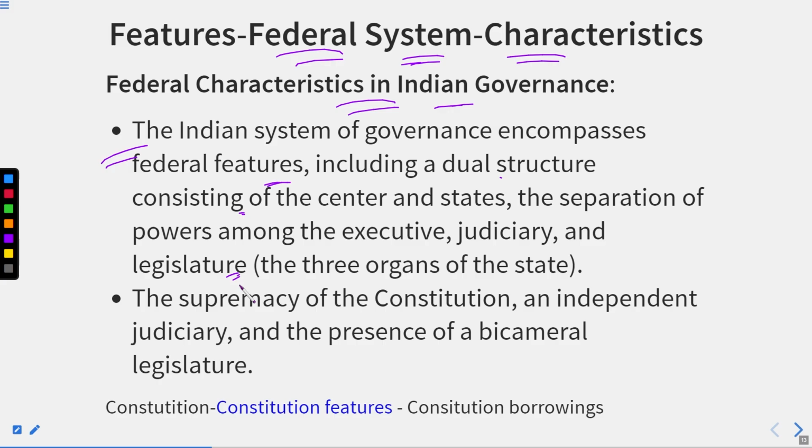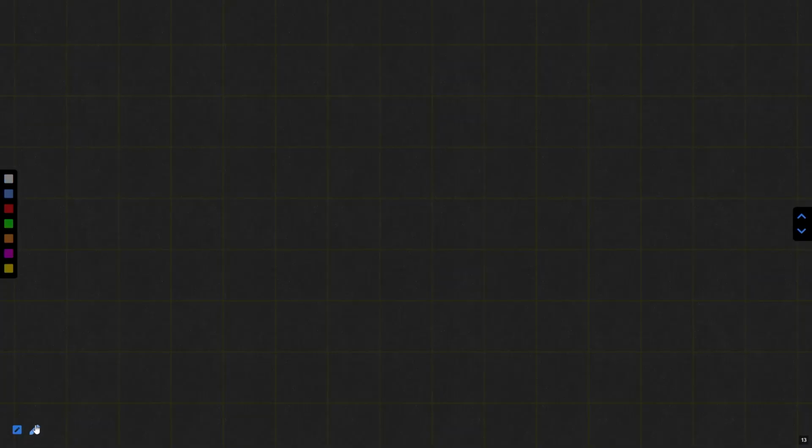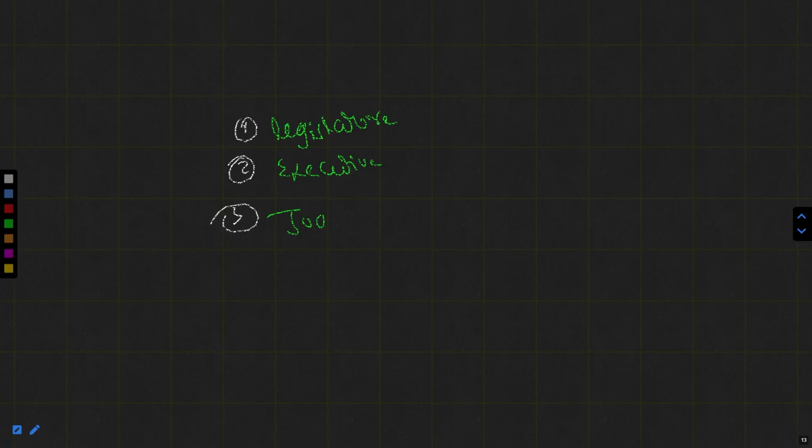Second thing is the separation of powers. When I was telling you about the central government organs, we had discussed the three organs. First is the legislature, thereafter executive, then judiciary.